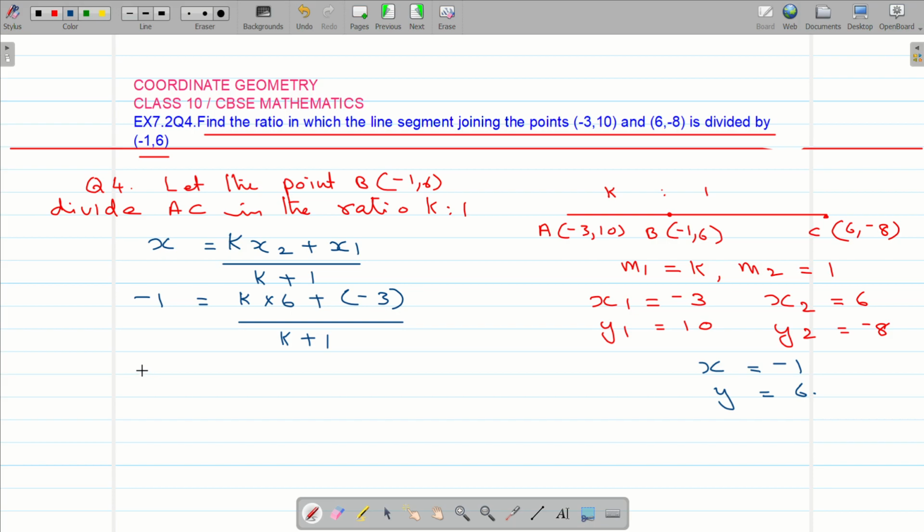Now cross multiply, we get -1 into k plus 1 is equal to 6k minus 3. Minus k minus 1 is equal to 6k minus 3. Minus k minus 6k is equal to minus 3 plus 1.